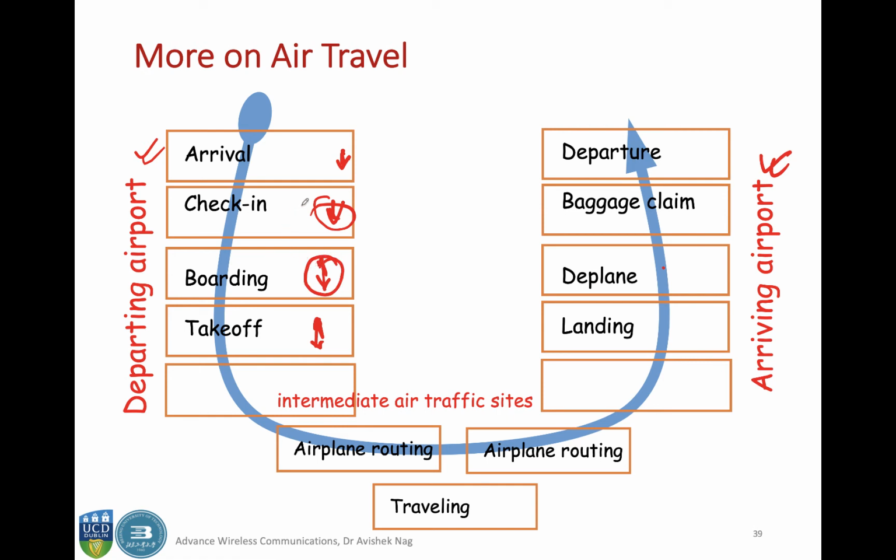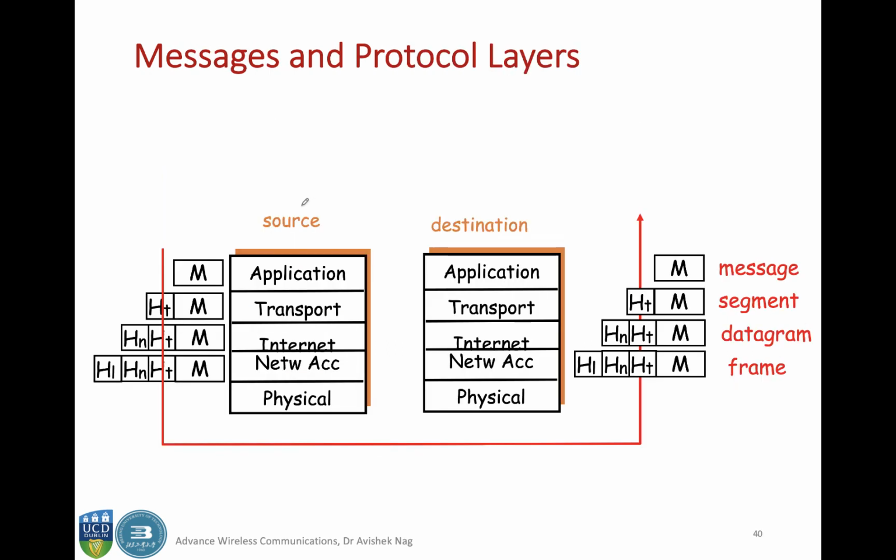So similarly, in a communication network also, each layer has its own set of functions. So when you are sending a message from a source to a destination, on the source side you are going through all these layers right from the application layer.